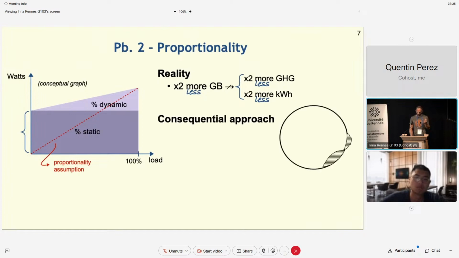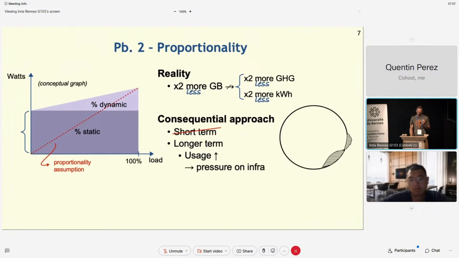All those observations suggest a more consequential approach, where the idea is to look at the difference of the overall impacts under some changes. To do so, one might start looking ahead over a short period of time, which basically means that we only consider the dynamic part. But this is, of course, still not satisfactory, because on a longer term, an increase of the usage will increase the pressure on the infrastructures.